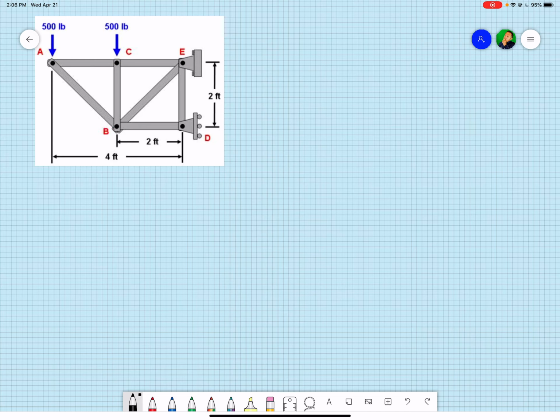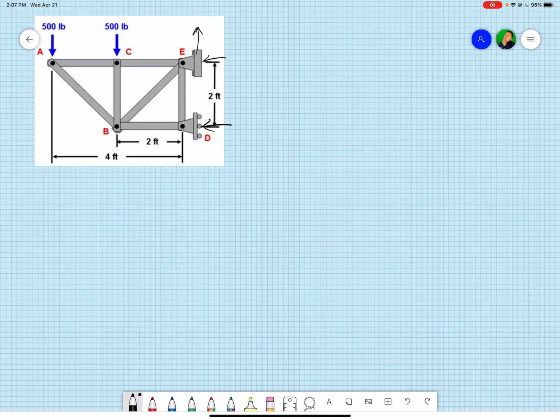Okay, here we go. So this is the bigger truss. Let's get started here. So what do we have to figure out in this truss? That's a good place to start. We have two reactionary forces here, right? We have one reactionary force there.